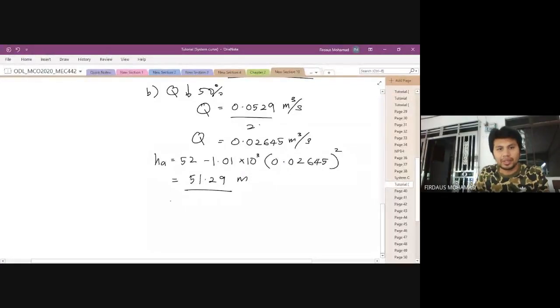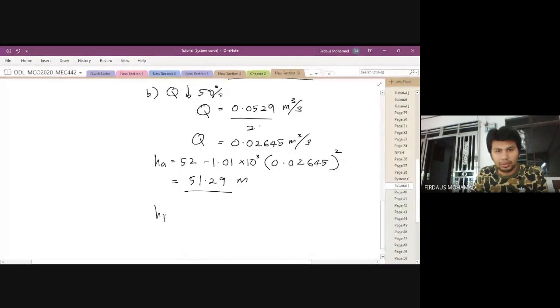Macam ni. Okay, so HA ataupun now you have the H equal to berapa ni?